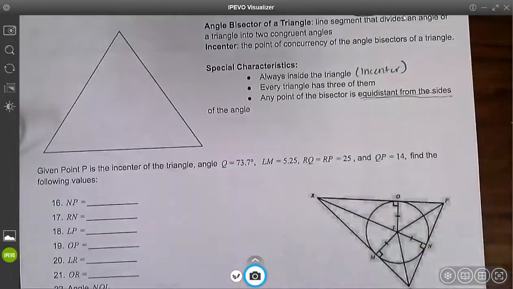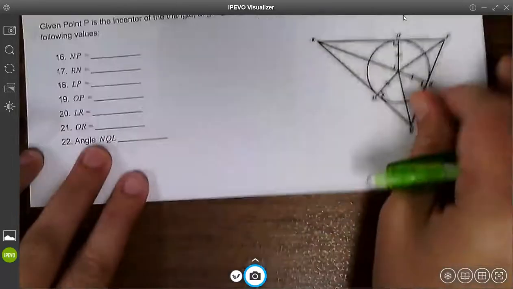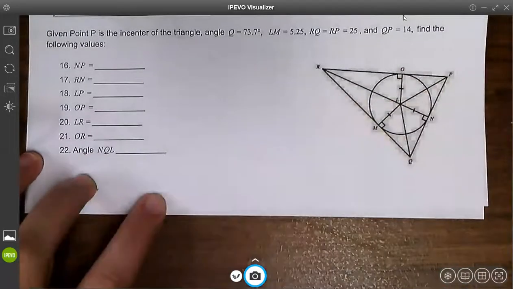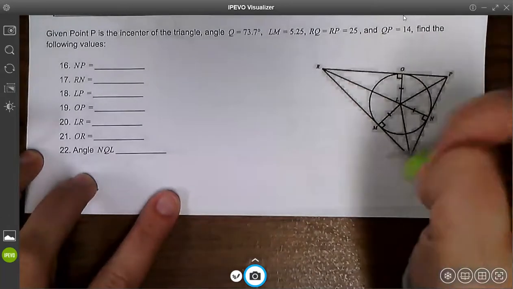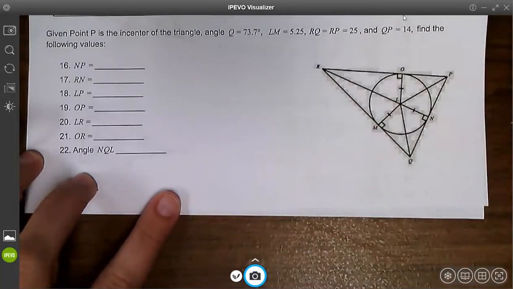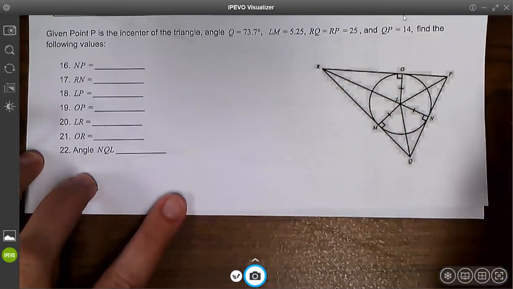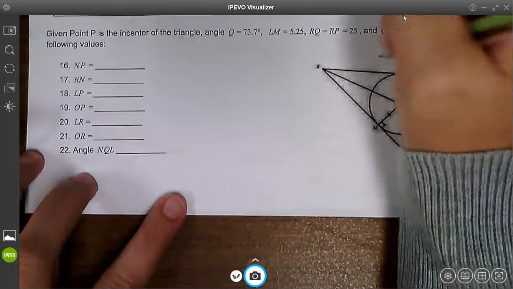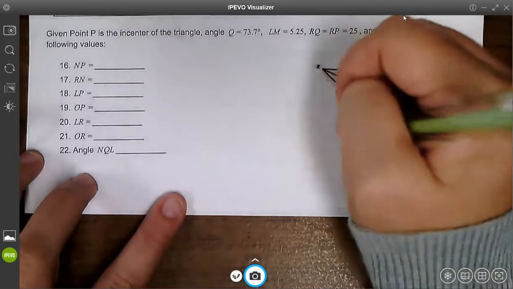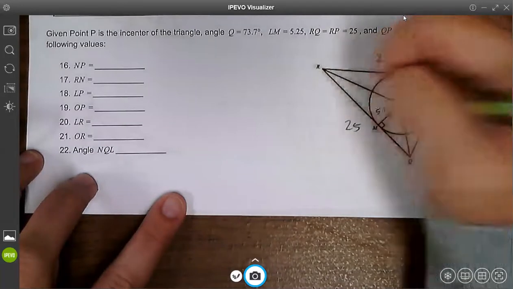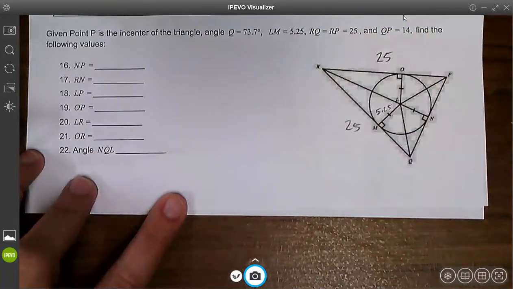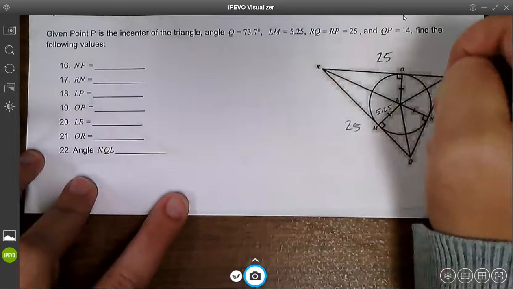So given that point P is the incenter of the triangle, angle Q, the whole angle Q, is 73.7 degrees. LM is 5.25. RQ and RP are 25, so these are 25. We said LM was 5.25, and QP is 4.